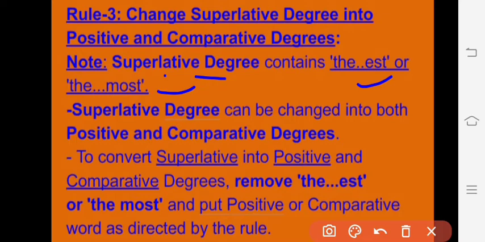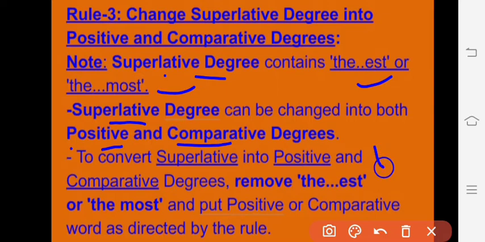Now superlative degree can be changed both ways. That is, you can convert it into positive degree and into comparative degree.